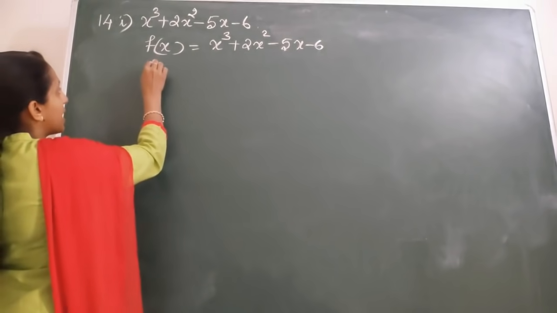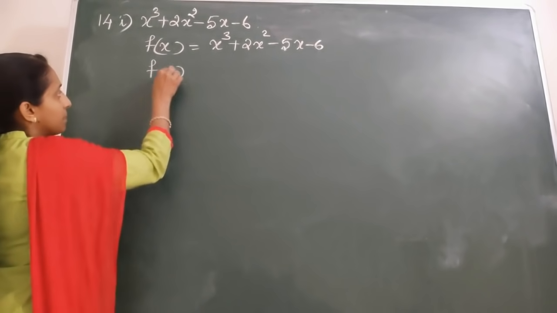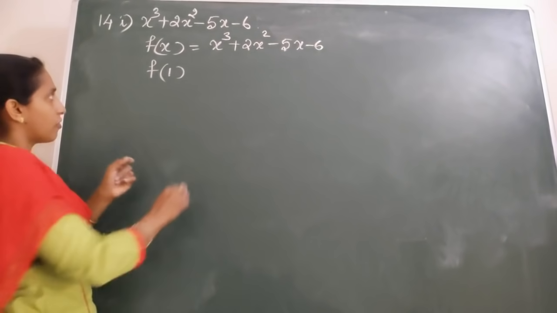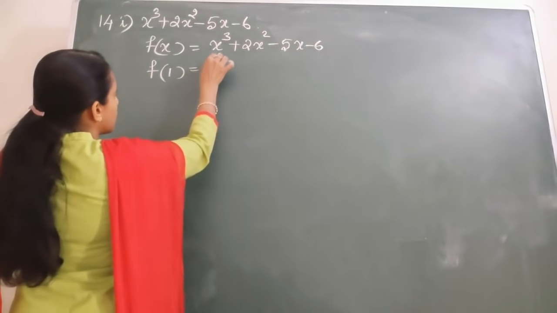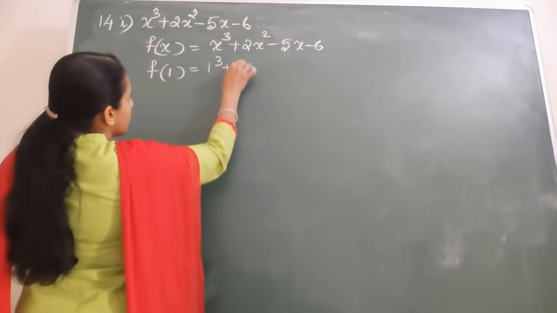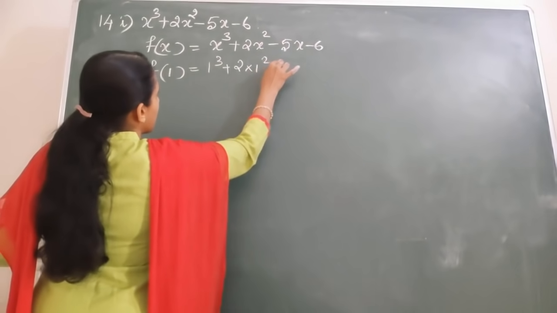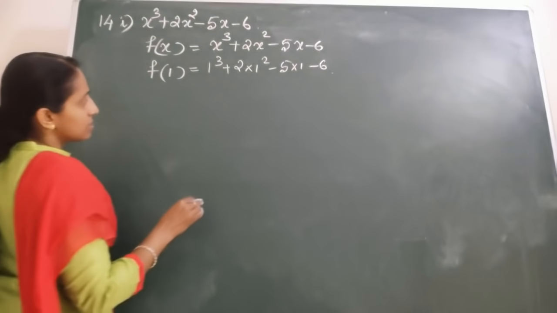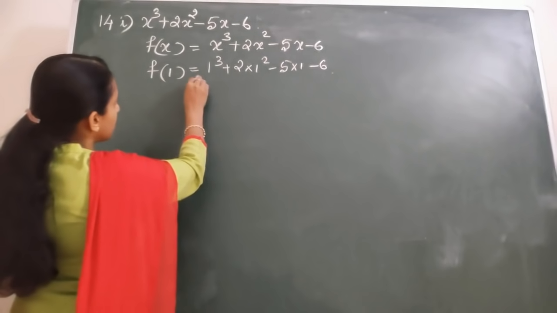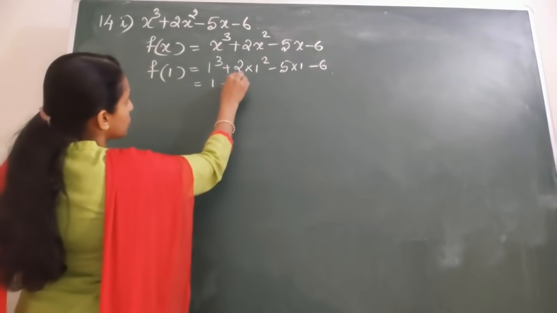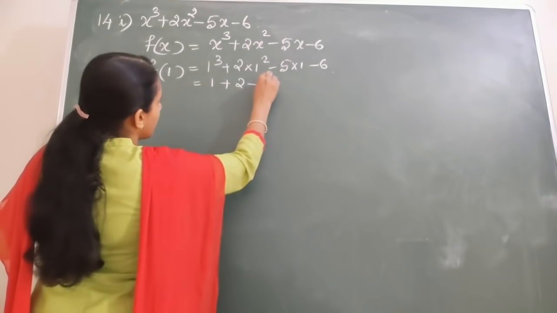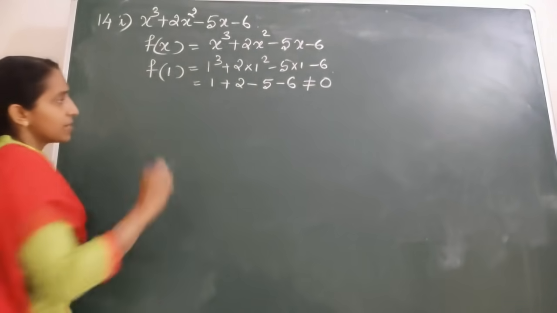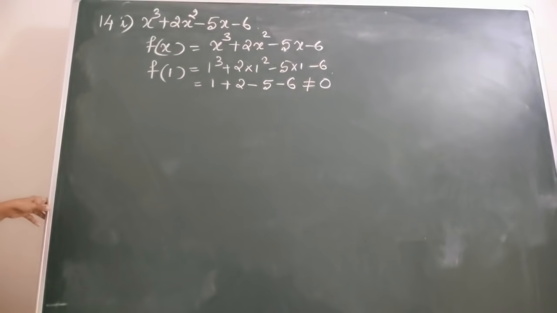We will substitute x equal to 1, that means you will check f of 1. F of 1 is 1 cube plus 2 into 1 square minus 5 into 1 minus 6. That means 1 cube is 1, plus 2 minus 5 minus 6. This is not equal to 0, because minus 11 plus 3 is not equal to 0.